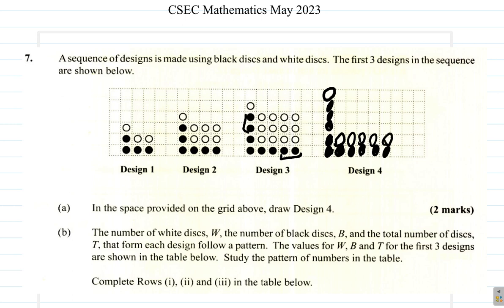For design 1 going upward is 1, design 2 is 2, design 3 is 3, so design 4, it must be 4 vertically. So here we fill it out like this. So there we have design 4. Good.